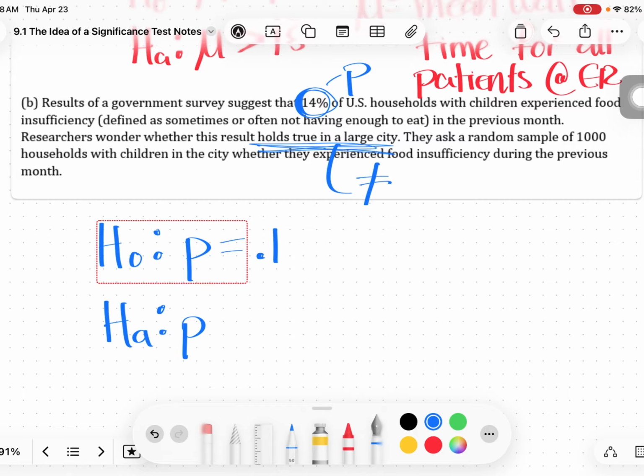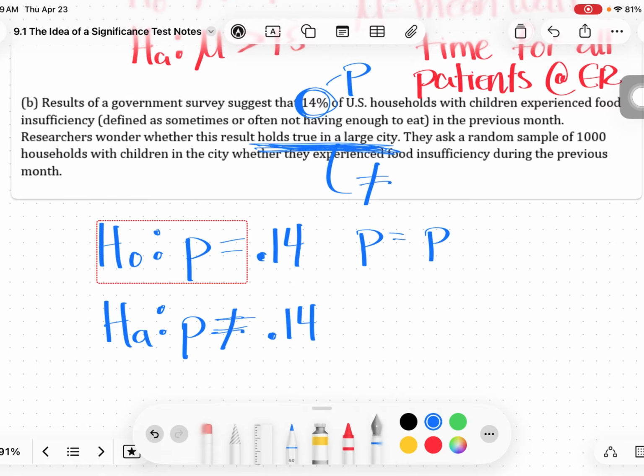And it's that 0.14. 14% is 0.14. Because we're just asking if the result is true in a large city, we're not asking if it's more or less, then we're going to use the not equals to, two-sided. And again, 0.14.